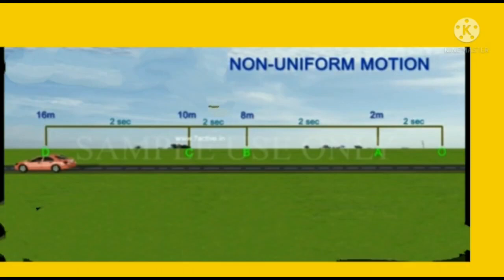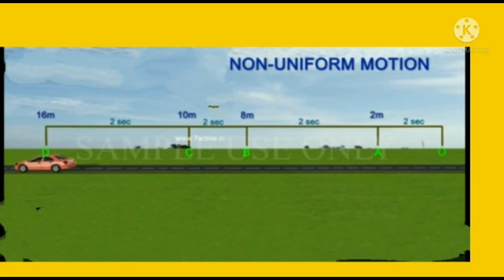Now see the picture. In that picture, a car is moving in various time intervals and various distances. In the first 2 seconds, the car travels 2 meters. In the second 2 seconds, from 2 meters to 8 meters. In the third 2 seconds, from 8 meters to 10 meters.